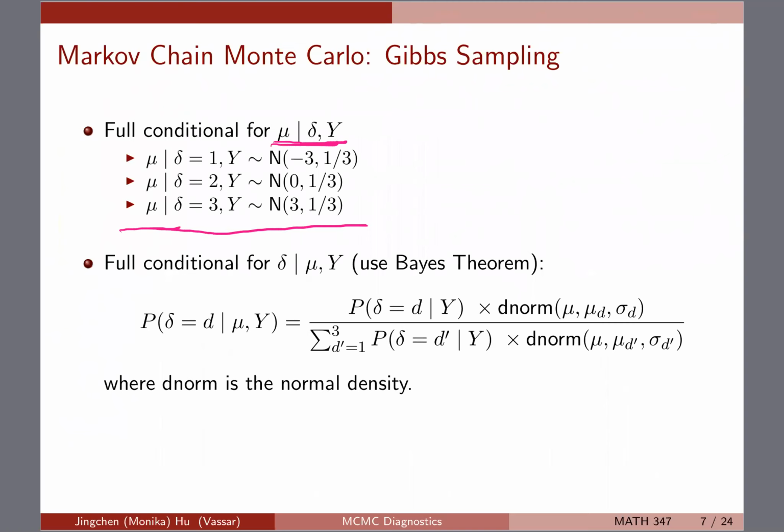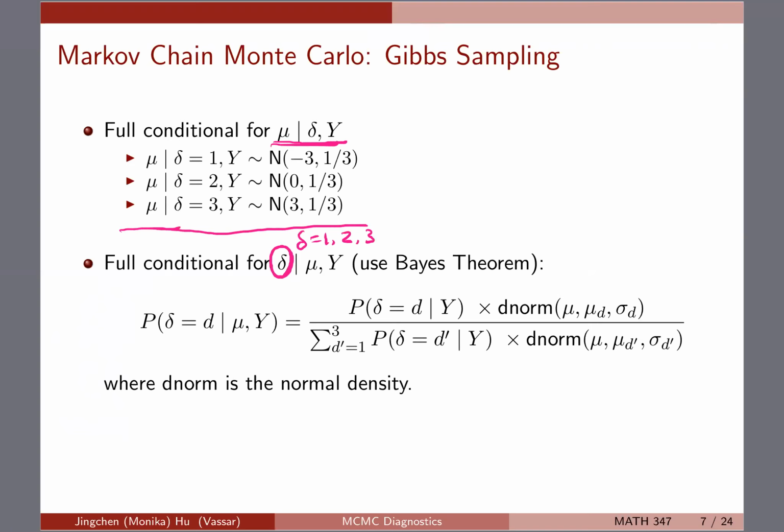Now you introduce a new parameter, which is this indicator. And delta takes 1 or 2 or 3. So how can I come up with the full conditional for this delta? If I want to use a Gibbs sampler, I need to come up with the full conditional for each parameter, and then I iterate through them, right?